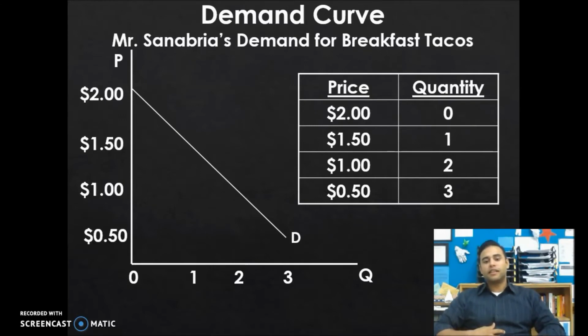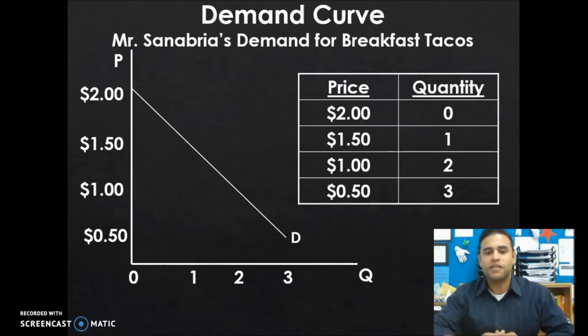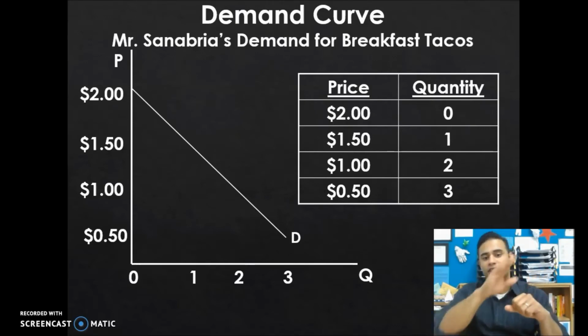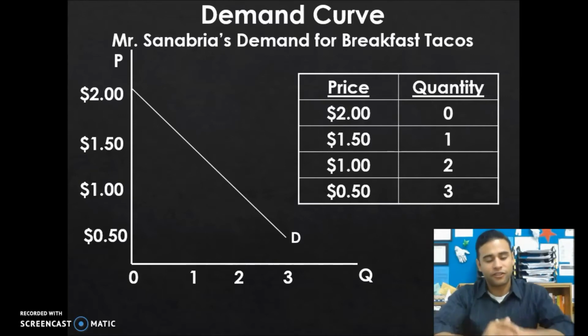It's because that's how the College Board grades. So for all you perfectionists out there, congratulations, you are at home, because these graphs need to be very perfect. You need a price, you need a quantity, you need the curve itself, and that curve's got to be labeled with a D for demand.